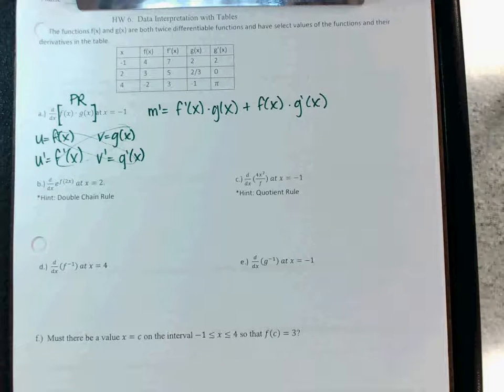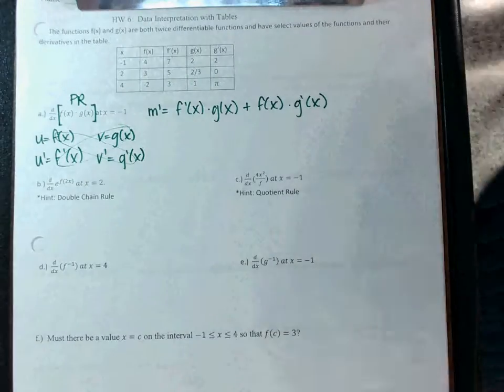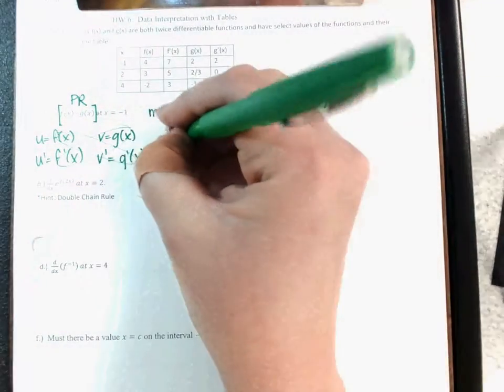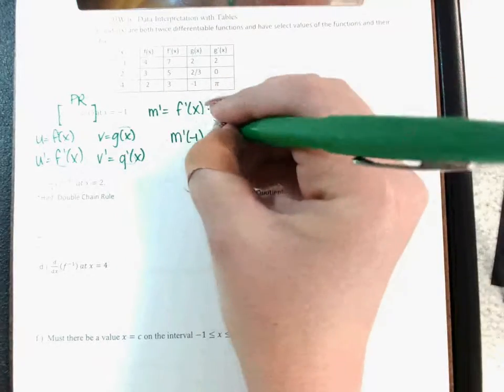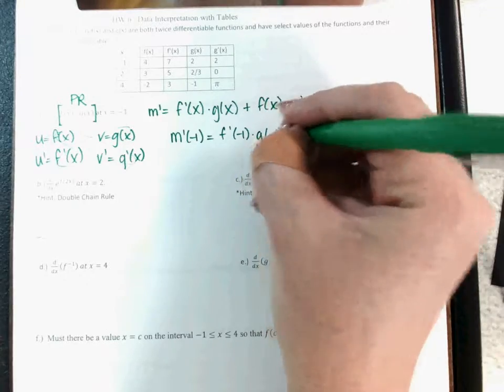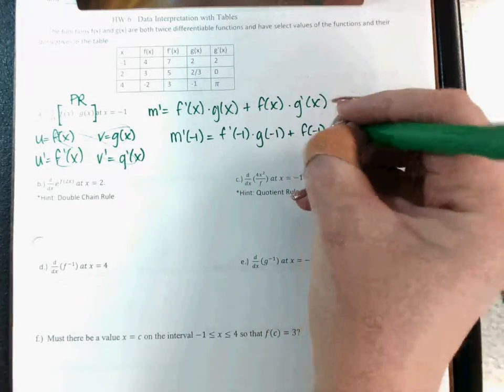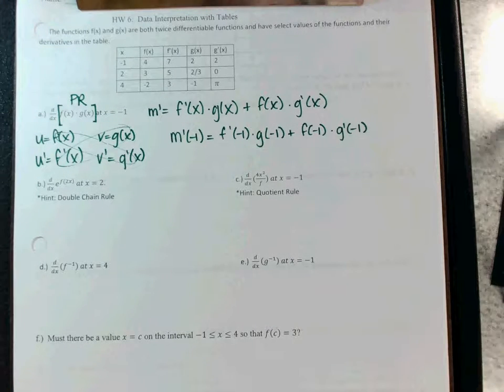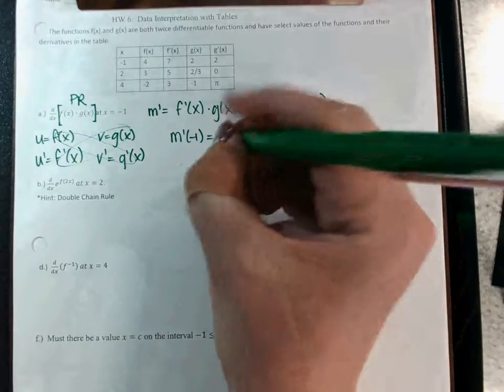So m prime of -1, I'd just be pulling values out of that table. So m prime of -1 equals, you don't have to do this step if you don't want to. I'm going to because I'm feeling a little extra today. But you would just be doing that, and then you're going to find each of those numbers out of the table, plug them in, simplify. So what is f of -1?